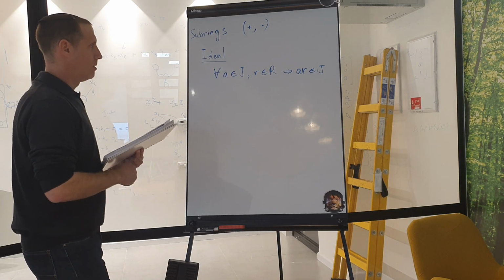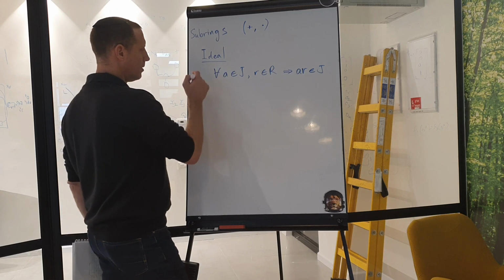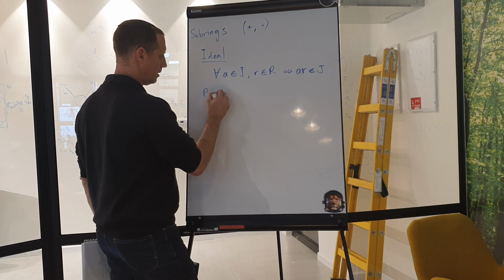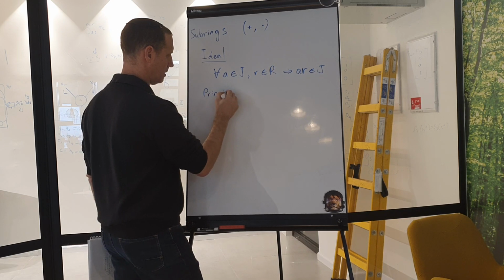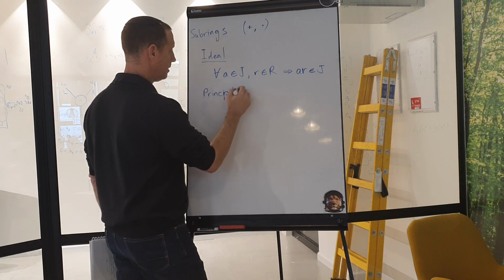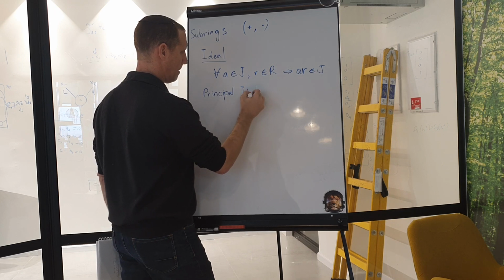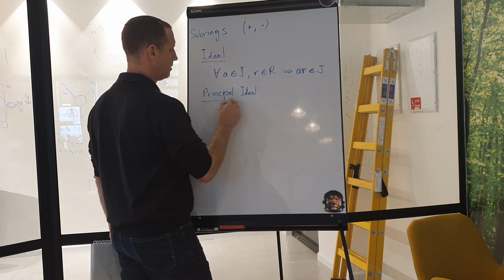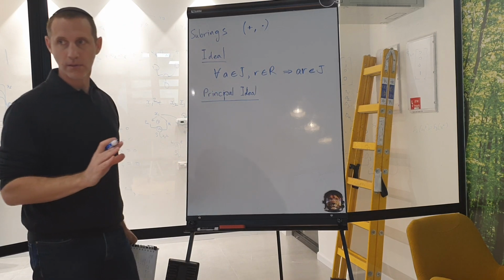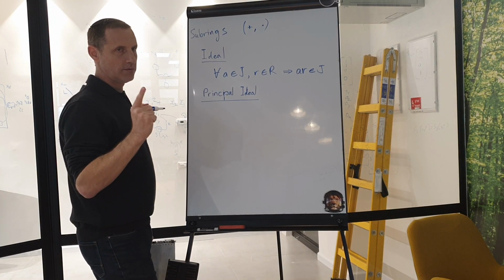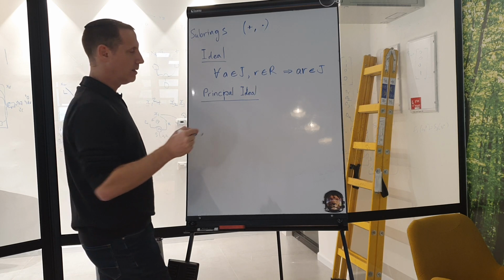Okay, now, I don't know if we did this, but there's what's called the principal ideal. Now, a principal ideal is just like a normal ideal, but it can be generated from one element.